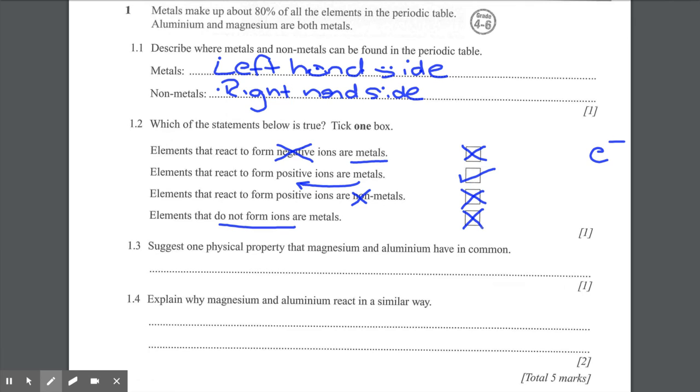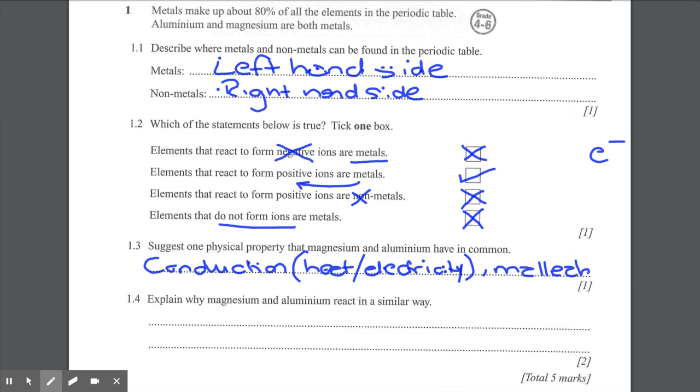So if we look at the third question then, one physical property that magnesium and aluminium have in common. So this is any general property of a metal which is useful, so conduction. Generally that can be of heat and or electricity, both using movement of the delocalized electrons to do so. Some more physical things, such as it would be malleable, so you can bend it, shape it.